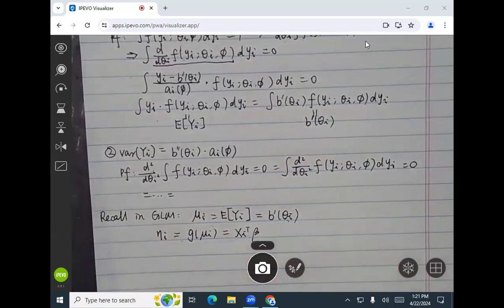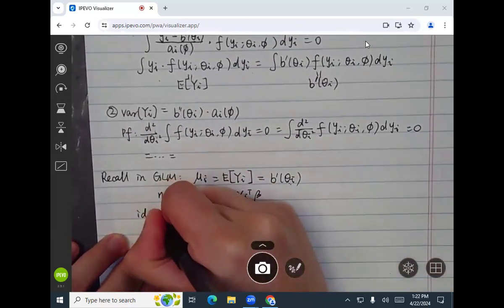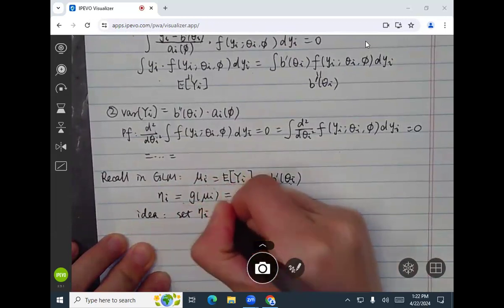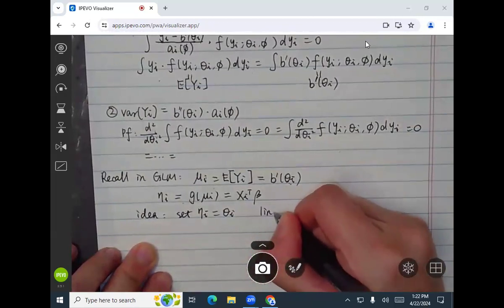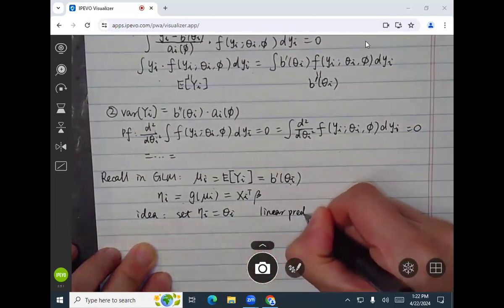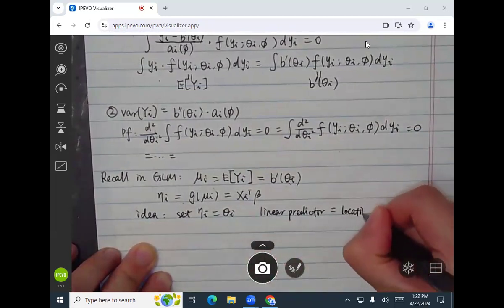So there will be a natural thought. Can we reduce the three parameters to two parameters? So it's no longer this complex. For this purpose, the idea is to set eta I to theta I. So by doing that, you essentially have the linear predictor set to the canonical parameter, the location parameter of exponential family. So the linear predictor becomes the location parameter.